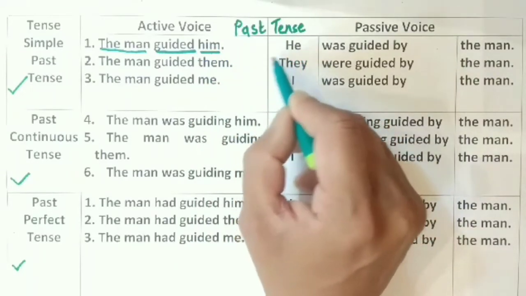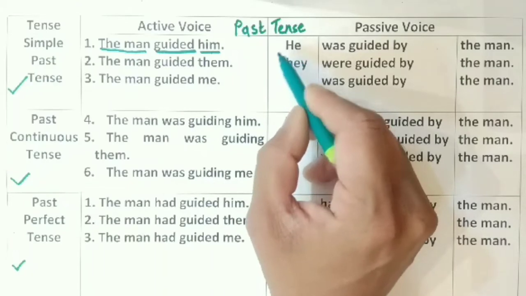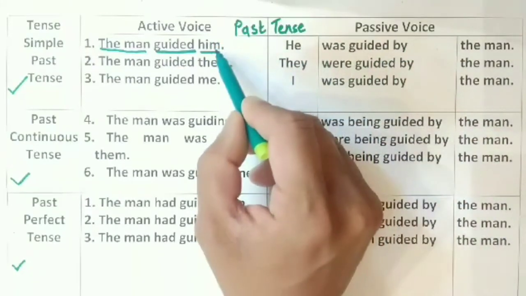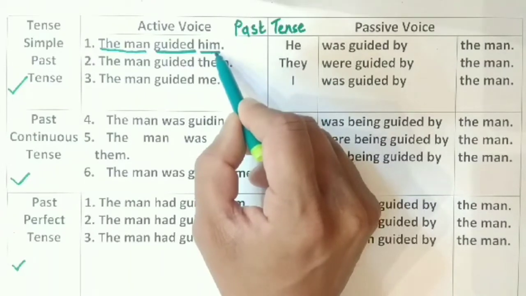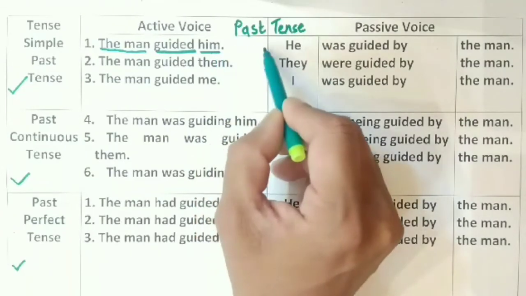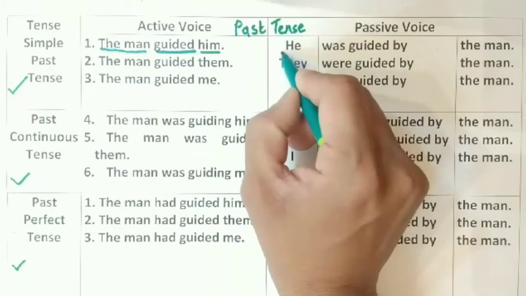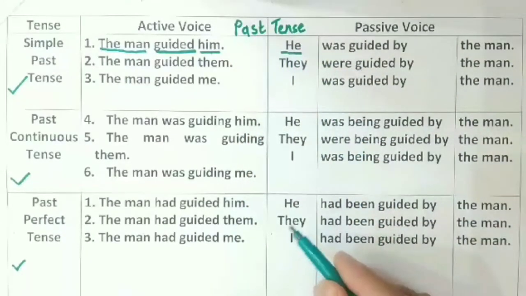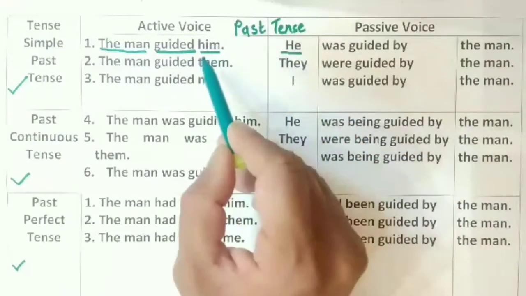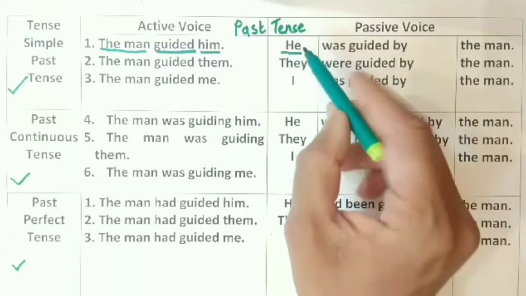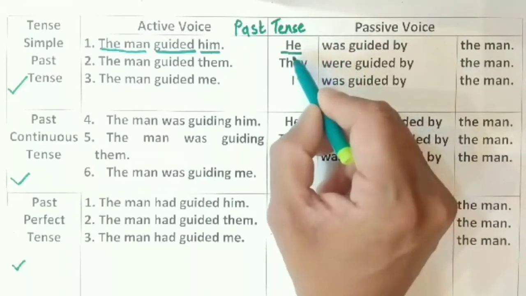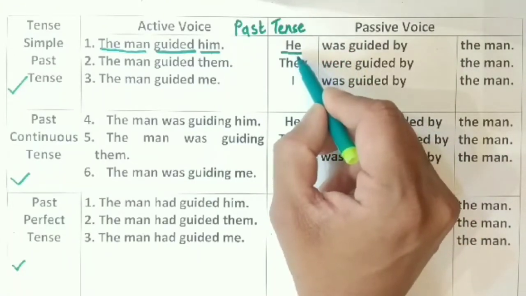In the earlier session also I told you, when we transform active voice into passive voice, the objective case of the pronoun is converted into nominative case of the pronoun. So what is the nominative case of him? He. And therefore we should begin the passive voice with the nominative case he.